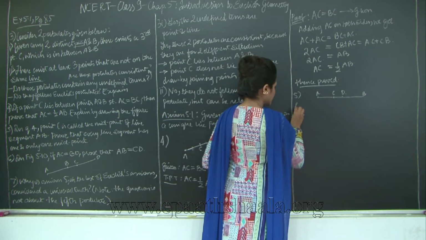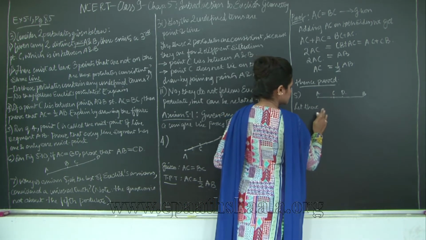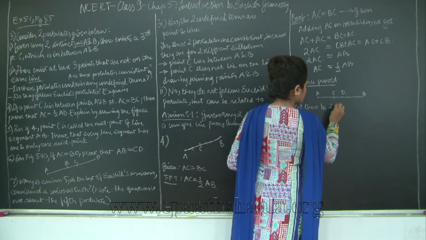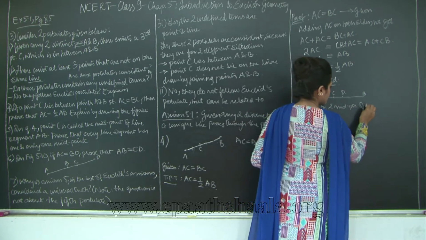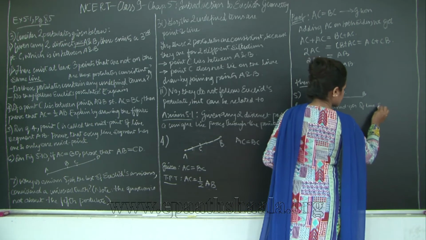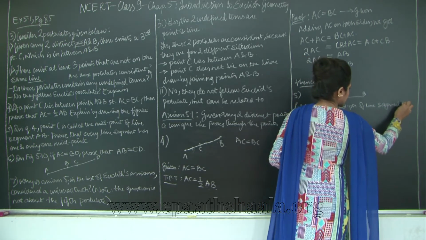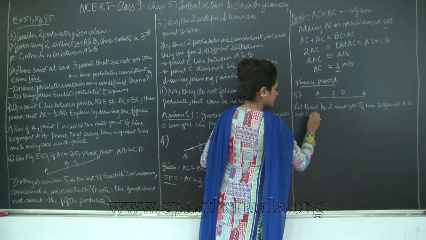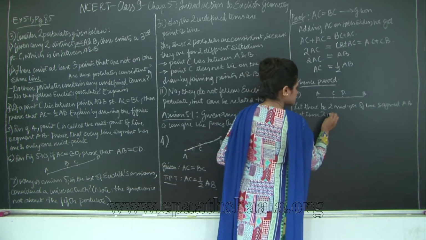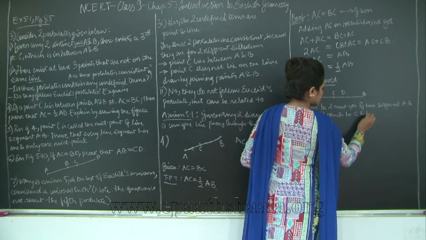Let there be two midpoints of line segment AB. Let these 2 points be C and D. Correct?